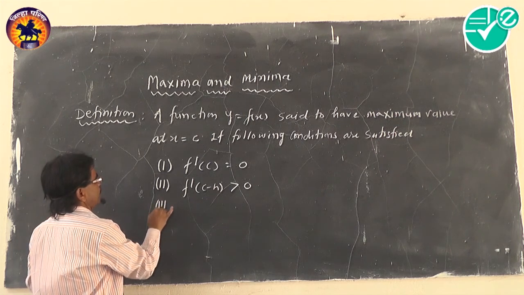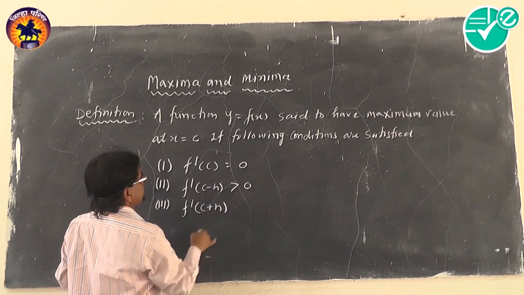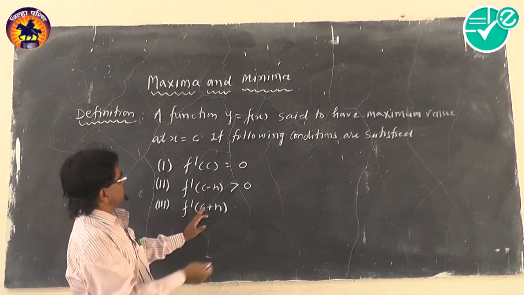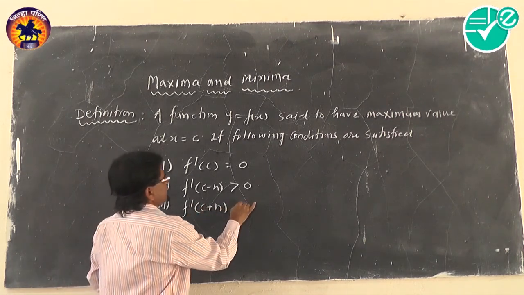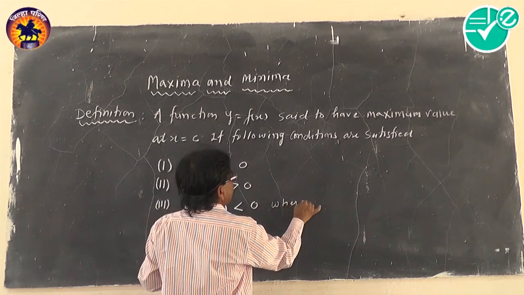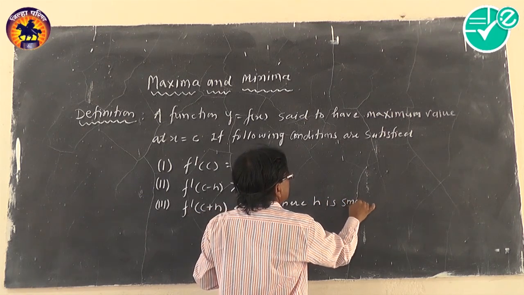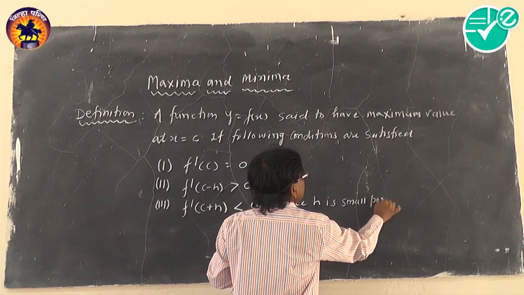And number 3, derivative of c plus h, that is derivative at right side of c, is less than 0, where h is a small positive number.